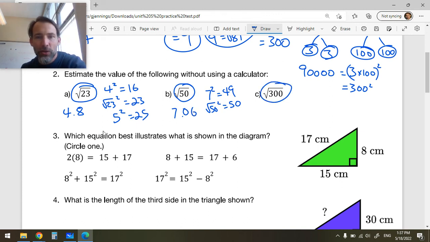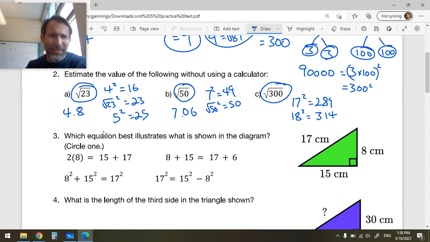And now, how about the square root of 300? What are some squares that are close to 300? Well, I happen to know 17 and 18 straddle it. 17 squared is equal to 289. And 18 squared is, give me a second, 324. Yes, it must be 324.